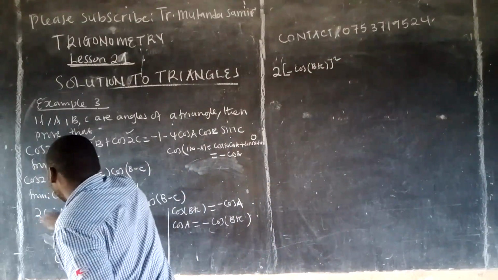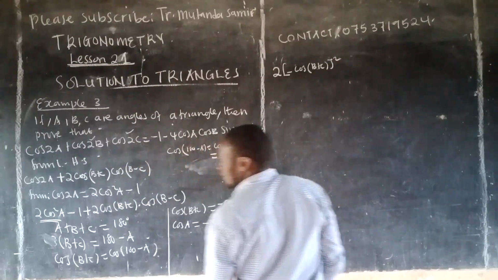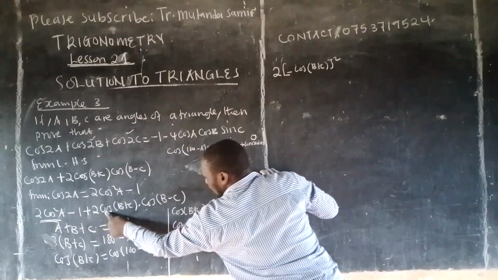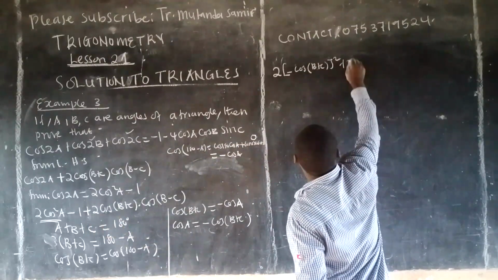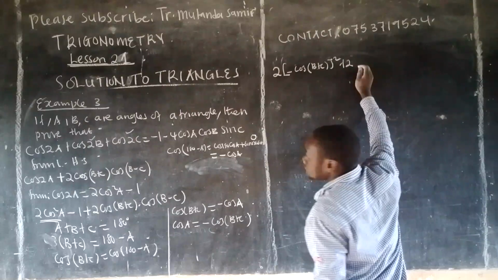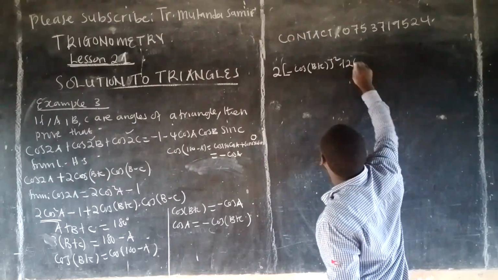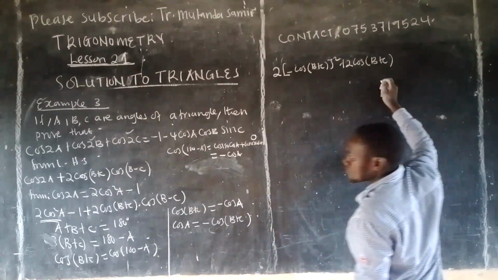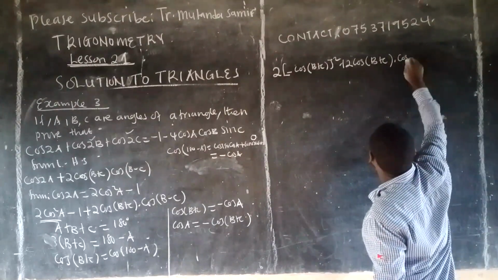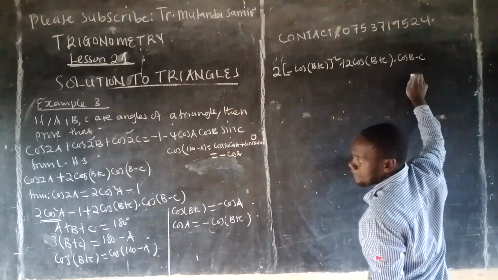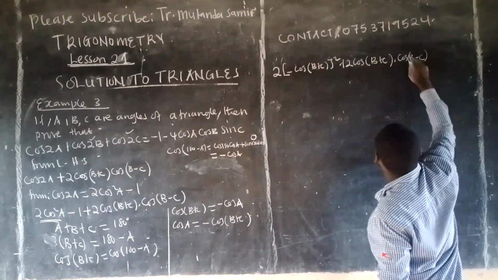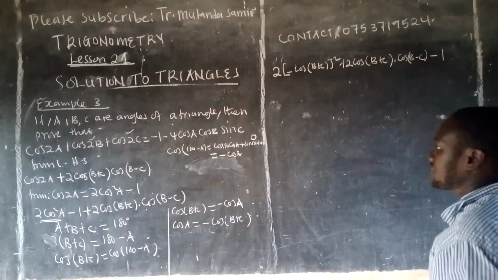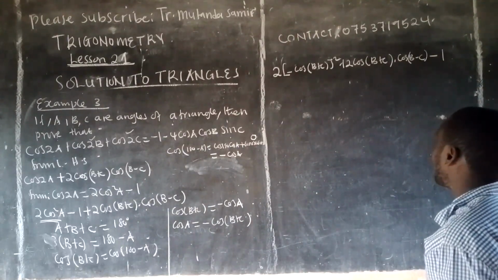Since cos a is that, allow me, this negative one will come last. So let me go to this: plus 2 cos b plus c, dot cos b minus c, then minus 1 at last, like that. That's how I want to make it up.